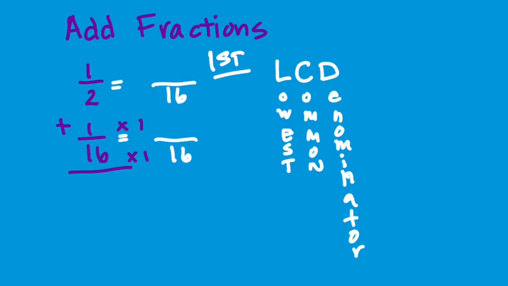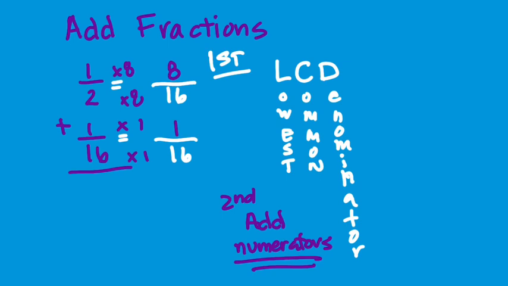What I multiply to the bottom to get that 16, I also multiply to the top. So I get 8/16 plus 1/16. Then I add the numerators, the tops of the fractions. 8 plus 1 is 9. My answer is 9/16, and I cannot simplify this fraction. Nice little refresher course.